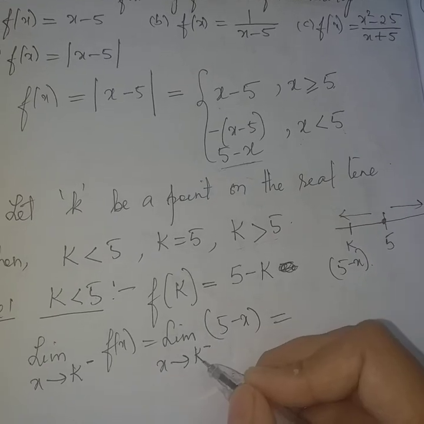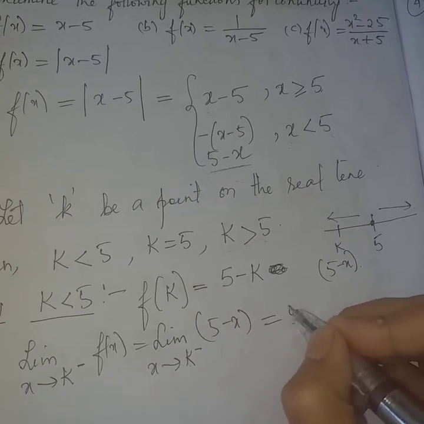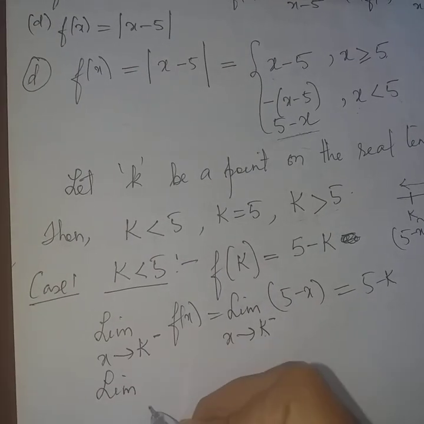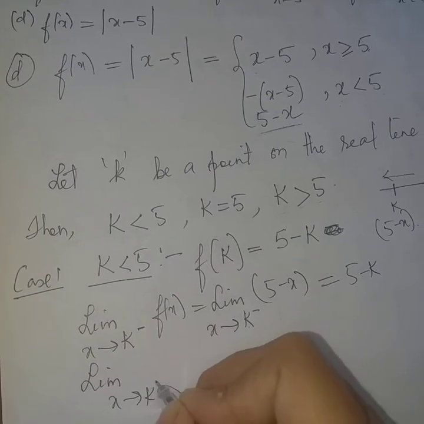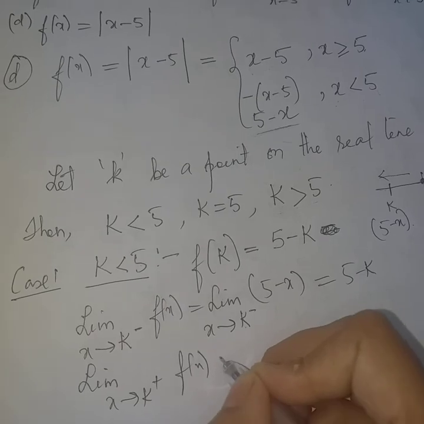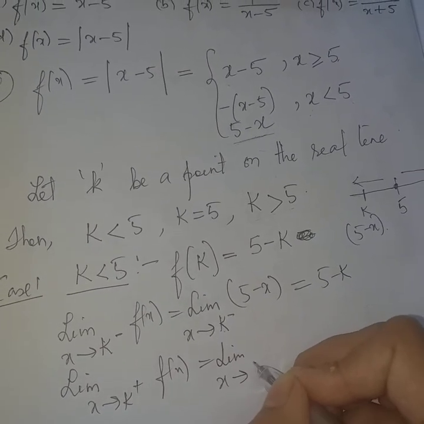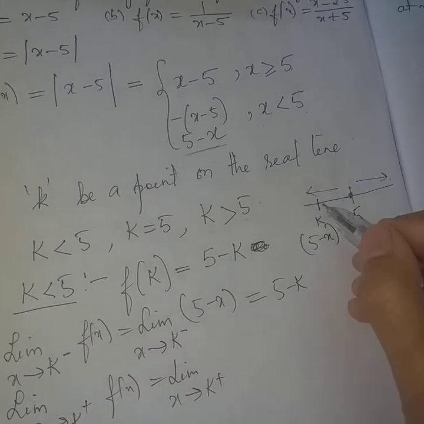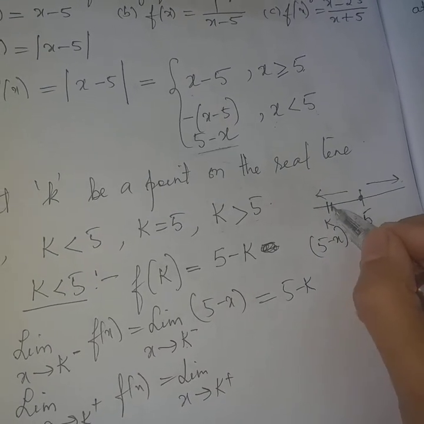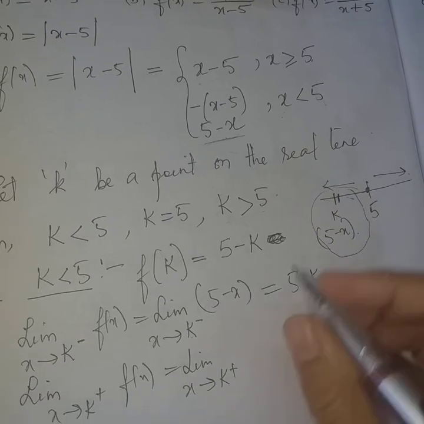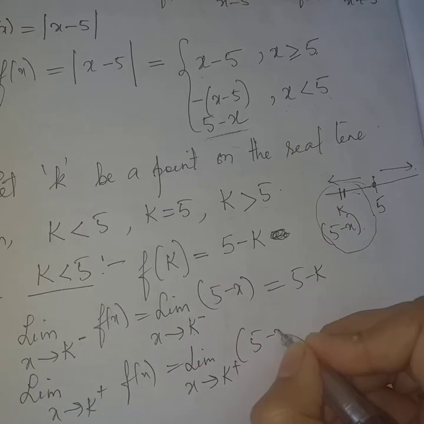So if we put the value of k, it will be 5 minus k. And for x tends to k plus of f(x), a point slightly greater than k is also under this function only, so it is 5 minus x.